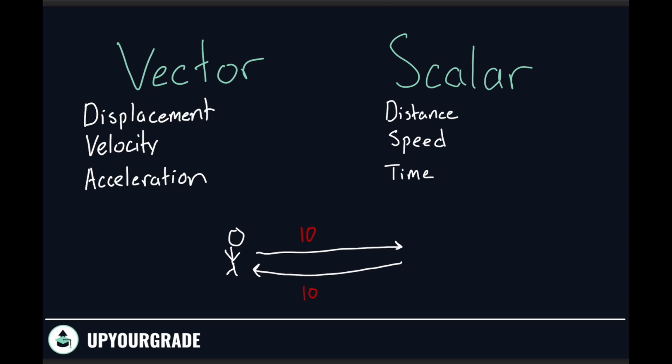If we assume that the right is positive, then moving to the left would be moving 10 meters in the negative direction. And those cancel out. 10 minus 10 in this case is equal to 0. So this man, walking the same path, had a distance of 20 meters covered, which is, again, a scalar, and the vector measurement of displacement was a total of 0 meters moved.